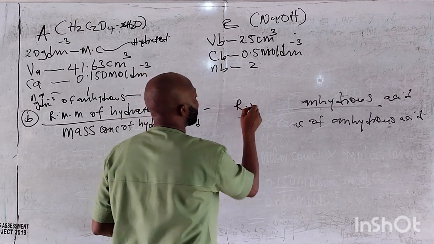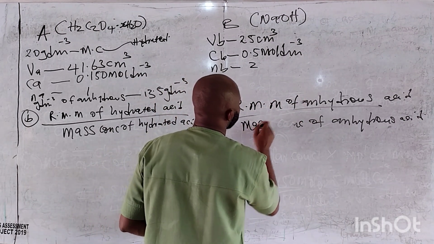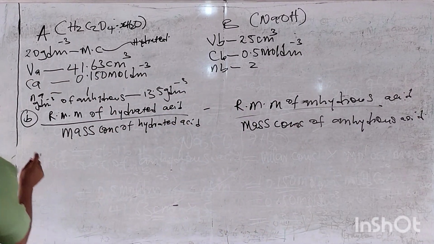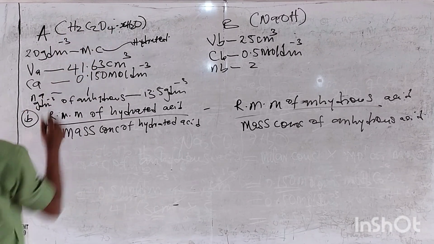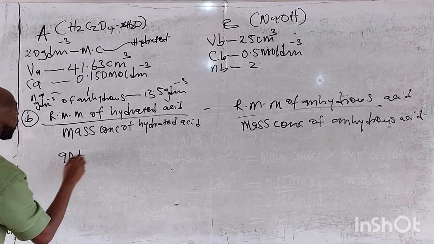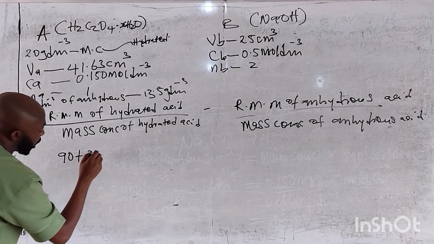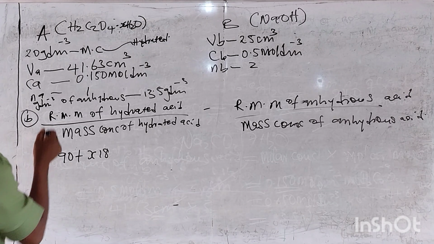Relative molecular mass of anhydrous, mass concentration of anhydrous. So now let me substitute. The relative molecular mass of the hydrated acid is 90 plus X water. Water is 18, so 18X. Let's leave it like that.